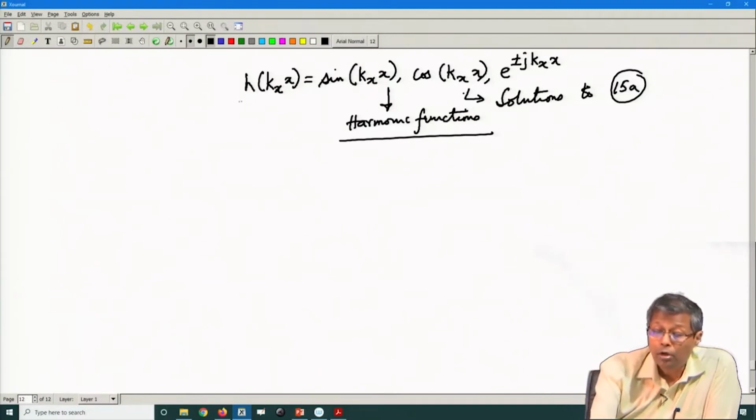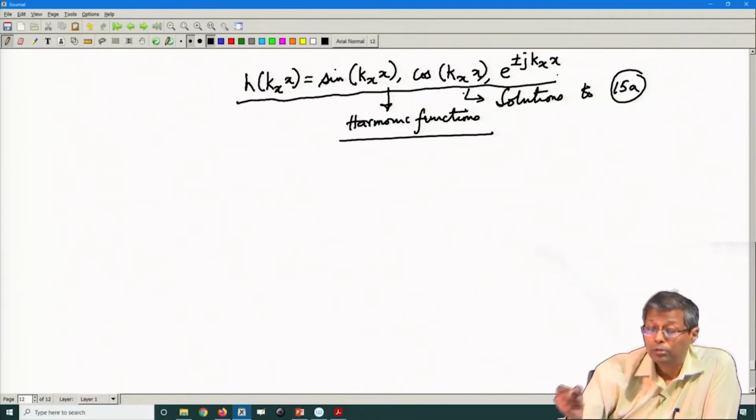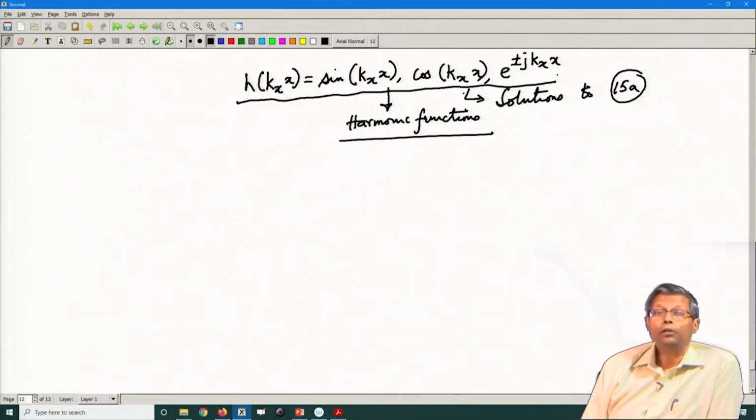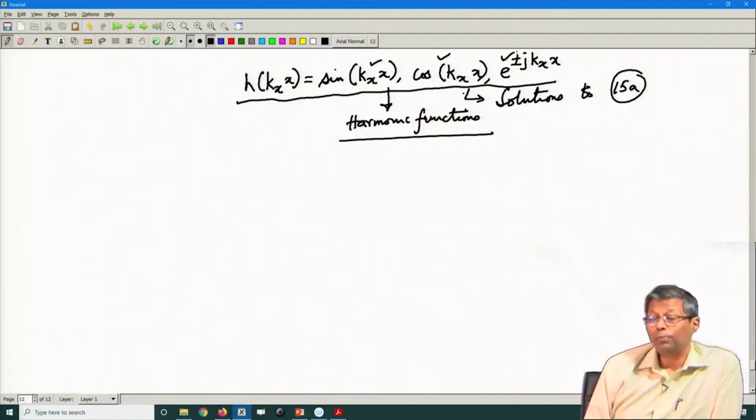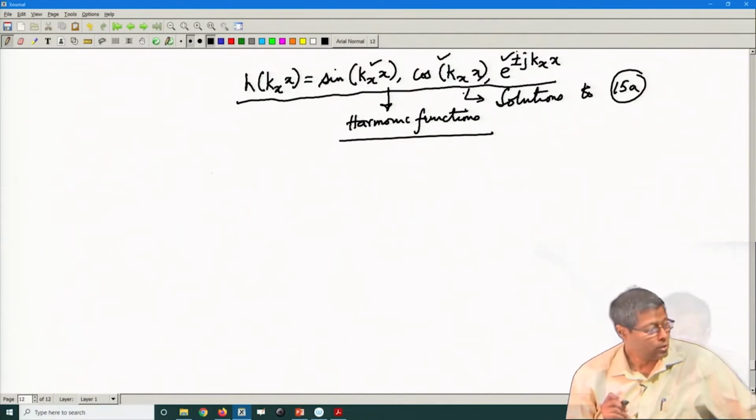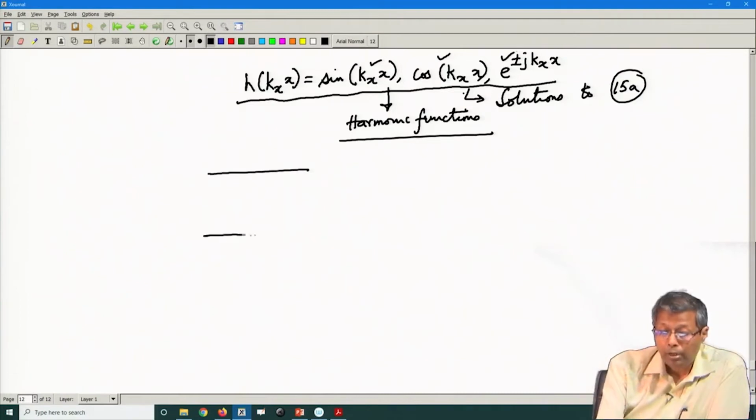Now, the question is which kind of function we should choose in a particular solution. The type of function we choose, whether it is sin k x, cos k x or e to the power plus minus j k x, will depend on the boundary conditions, the type of media we are in. For instance, consider a problem like this.